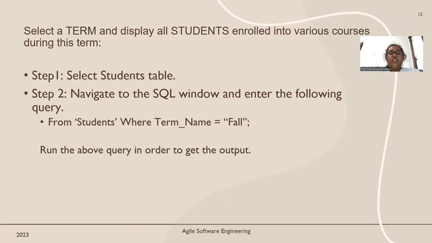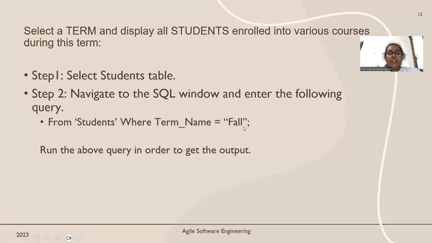And to achieve this, first select the students table and just navigate to the SQL window, and enter the query that I provided here. The query is as follows, and we can clearly understand that from students table where term name equals fall.